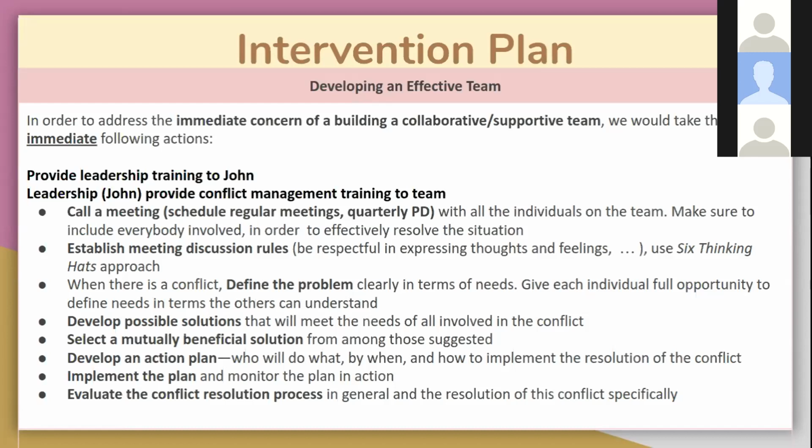One, defining the problem clearly, giving everybody opportunity to talk about what they view the problem is and what the needs are. Then you go into listing your possible solutions and again, collecting that from the team as a whole. Then you select the solution that you feel would be most beneficial for the team and to move the team forward and to get through the problem or the conflict.